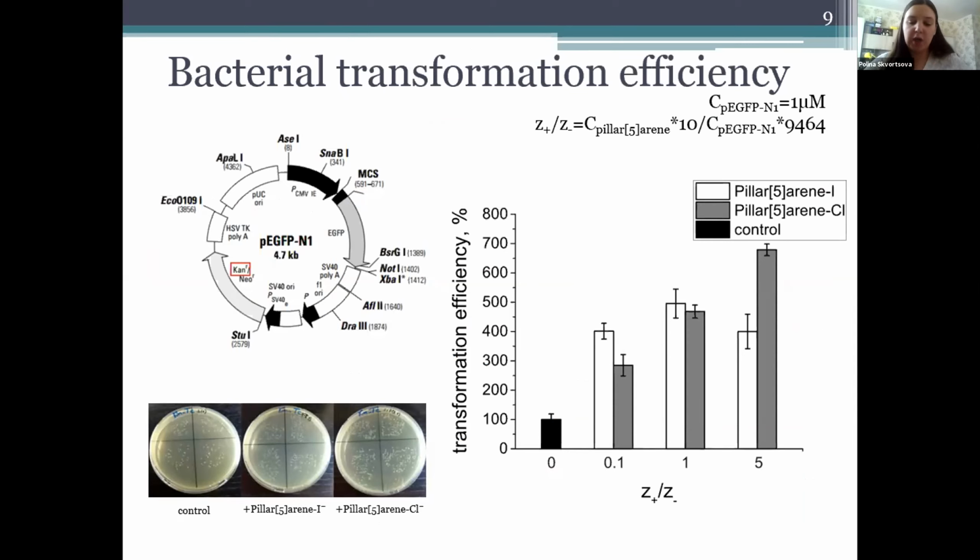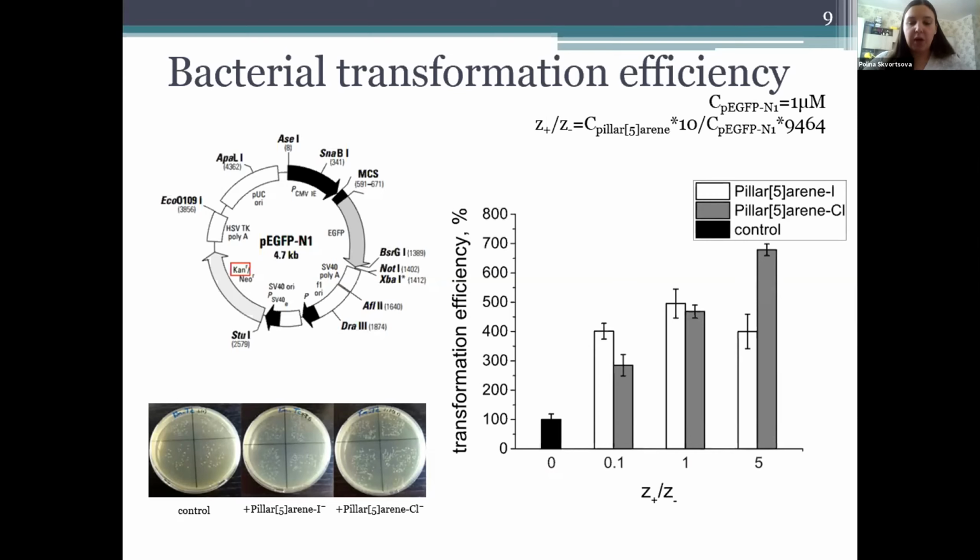Plasmid pGFP-N1 contains the gene for resistance to the antibiotic kanamycin, while the bacteria, Escherichia coli, used in the experiment are not resistant to kanamycin, so in an environment with kanamycin only transformed bacteria can survive.